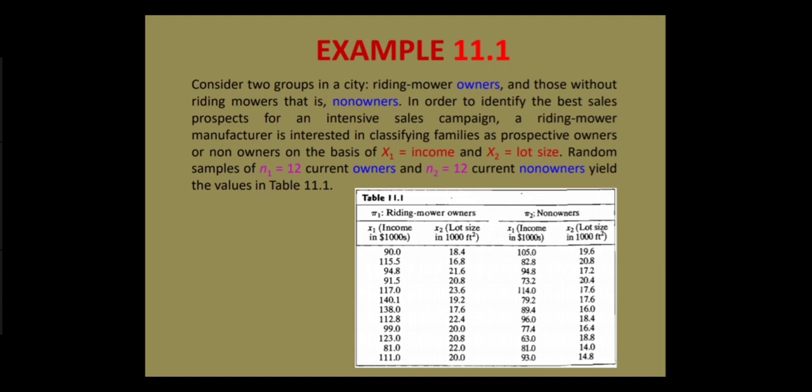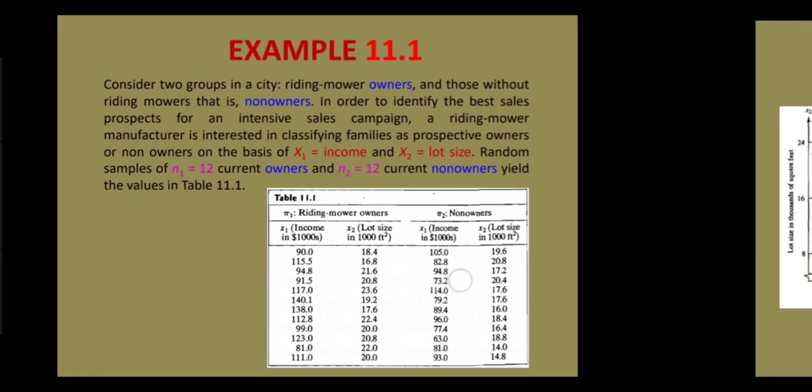We can see from the information given that we have two populations, or two groups, owners and non-owners of riding mowers, and then we have two variables, which are income and lot size. In this chapter on discrimination and classification, the populations are denoted as pi 1 and pi 2.